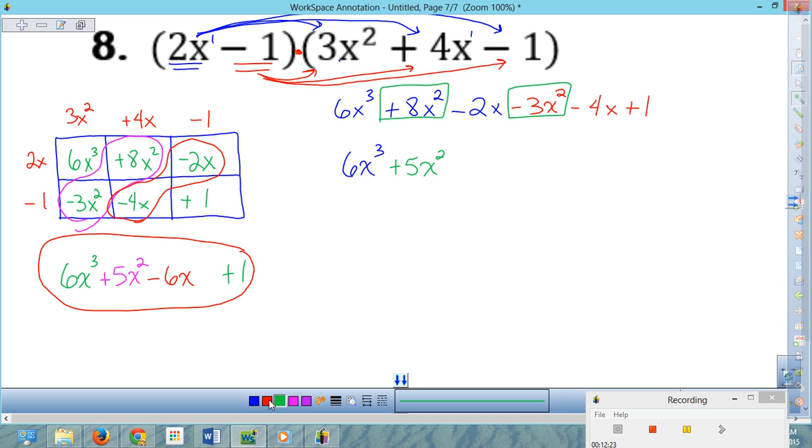So then you look negative 2x, oh, and there's a negative 4. These are like terms. So you have negative 2 minus 4, they're the same sign, so we'll add the numbers and get a 6. 4 is bigger, it's negative, so we take the negative. Okay? And then lastly, we have this plus 1. It doesn't have a like term, so it comes down, and this becomes our final answer.